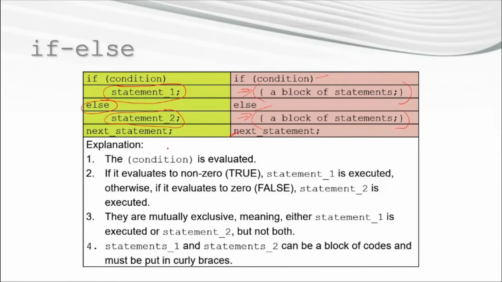The explanation for this structure: the condition is first evaluated. If it evaluates to non-zero, that is true, then statement 1 is executed. Otherwise, if it evaluates to false, then statement 2 is executed. They are mutually exclusive, meaning either statement 1 or statement 2 is executed, but not both.